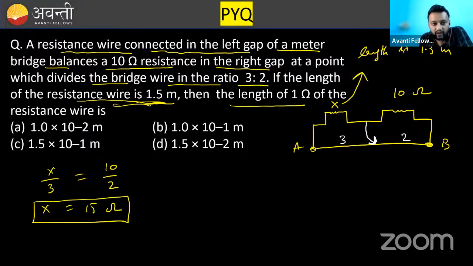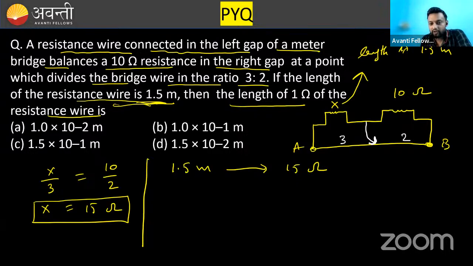Then the length of 1 ohm of the resistance wire is. The question is again very simple. Some of you might get confused with it. Now this X has a resistance of 15 ohm and length is 1.5 meter. 1.5 meter has a resistance of 15 ohm. Is it clear?